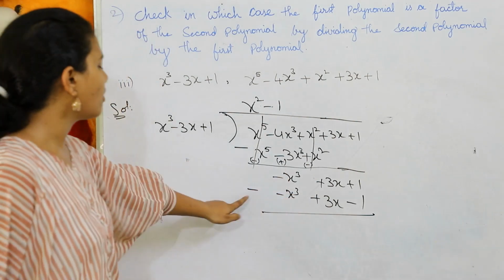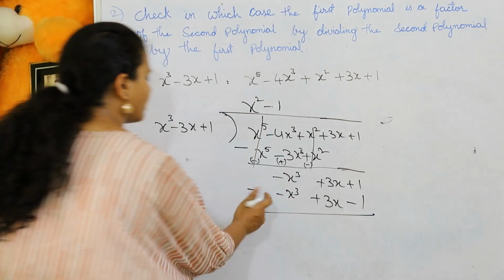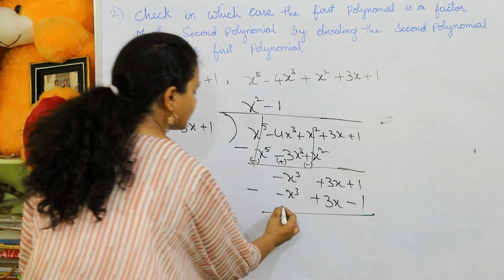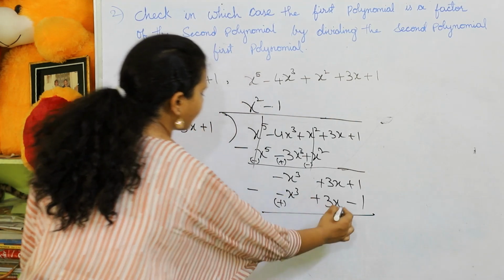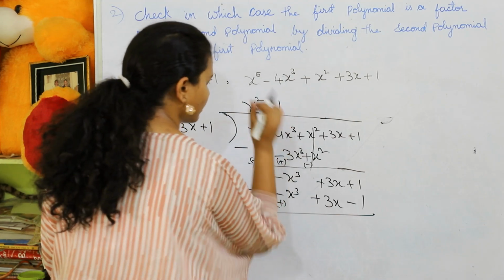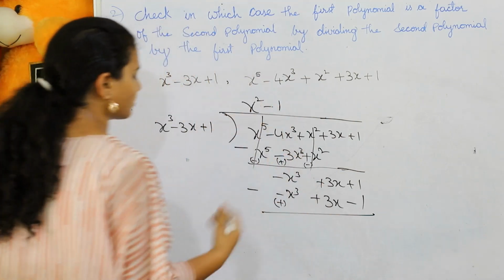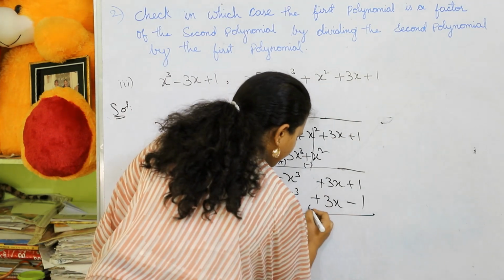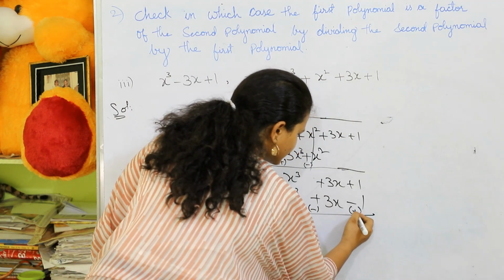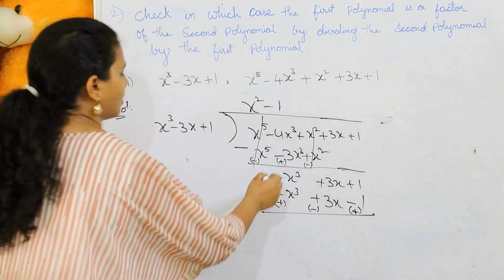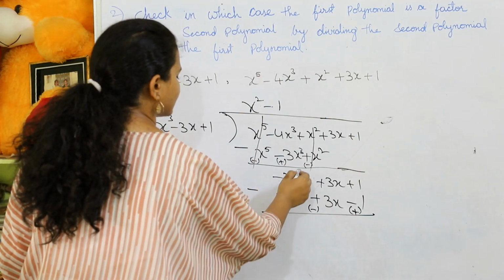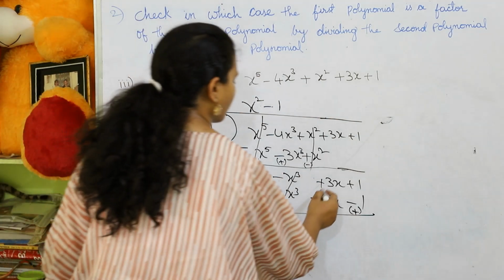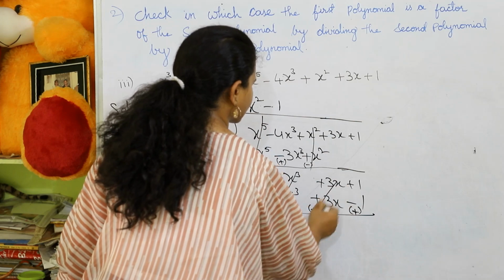Here you have minus into minus, which becomes plus. Don't consider the values, consider the signs, either plus or minus. Now minus x cube plus x cube gets cancelled. Minus 3x plus 3x gets cancelled as it is.